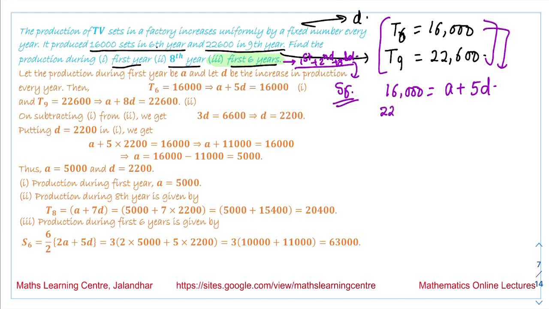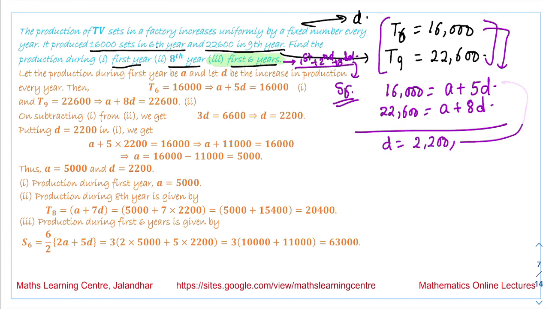From the second, we have 22,600 equal to a plus 8D. On solving these two equations, you will get D equal to 2200. On substituting the value in the first equation, you will get a equal to 5000.